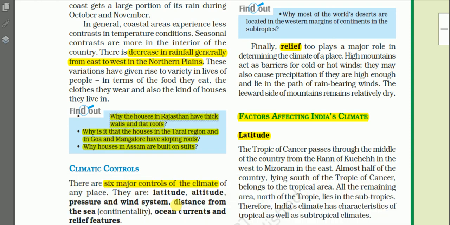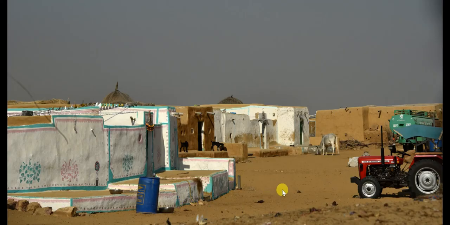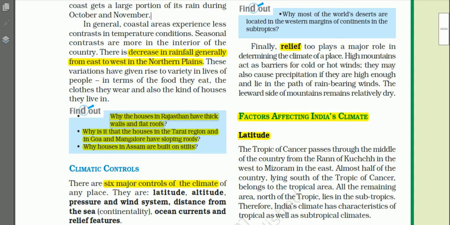This is another photograph in the Thar Desert. Here we find that the roofs are flat and walls are thick. Can you tell me why? Yes, anybody?